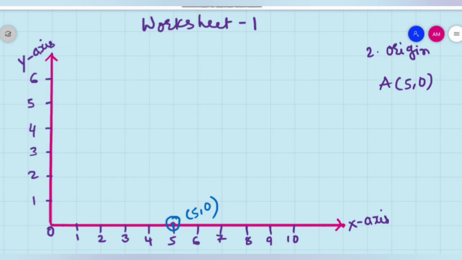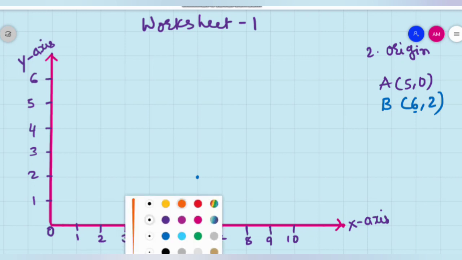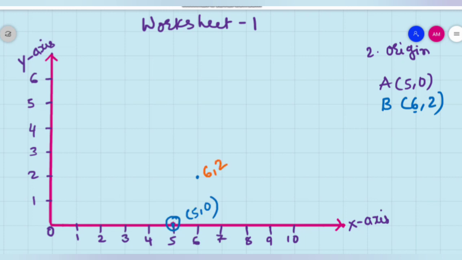Now what is your second point? Your second point B is 6, 2. Now again search 6 on the x-axis. 6 is here. And search 2 on the y-axis. 2 is here. Now the perpendicular distance between 2 and 6, you will get the point here. This point is 6, 2.